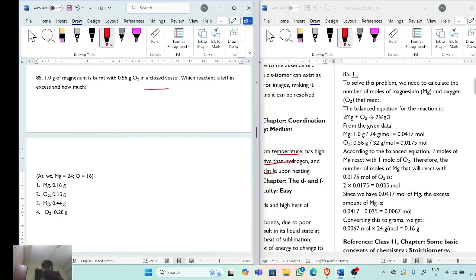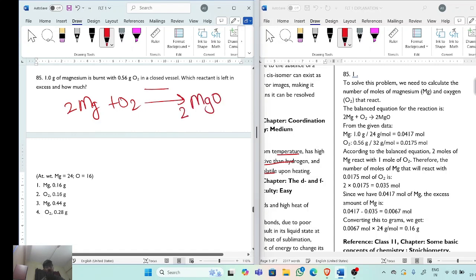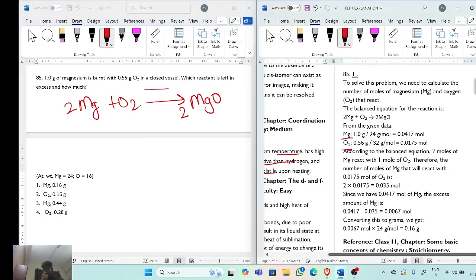To solve this problem we need to calculate the number of moles of magnesium and oxygen. First we write the balanced chemical equation: 2Mg + O2 gives 2MgO, where the stoichiometric coefficient of MgO is 2. Now we have to calculate the moles of Mg and O2, meaning 1 gram divided by its atomic mass.